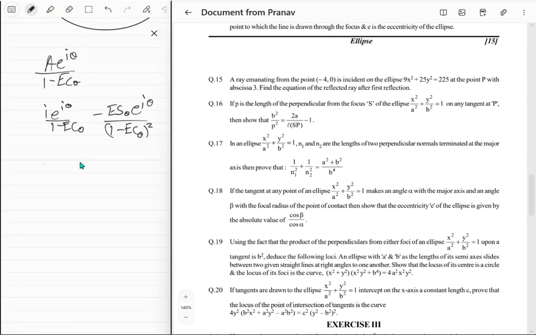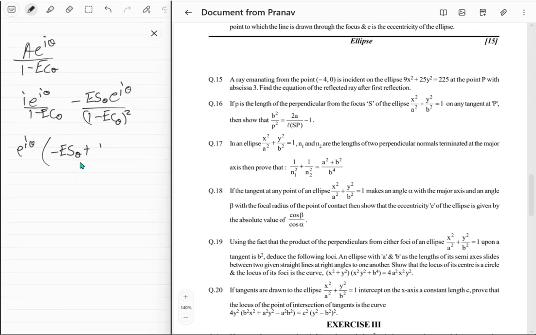So this will pretty much just be e^(i theta) common, and then 1 minus e cosine theta squared multiplied by that. You want to reduce this anyway. So it's going to be iota times this guy, minus e sine theta, and then plus 1 minus e cosine theta times iota. That should be the thing.